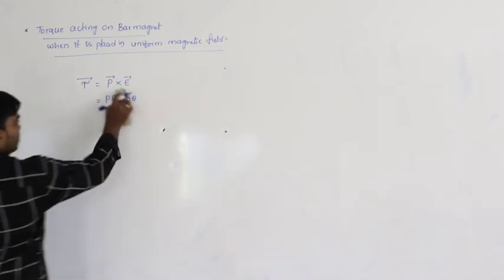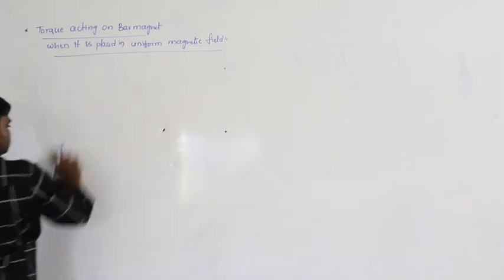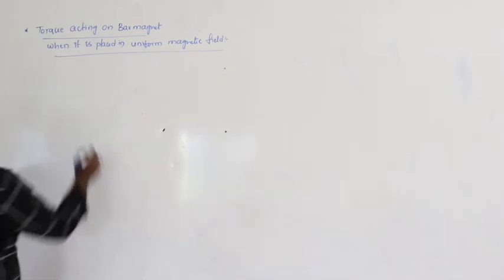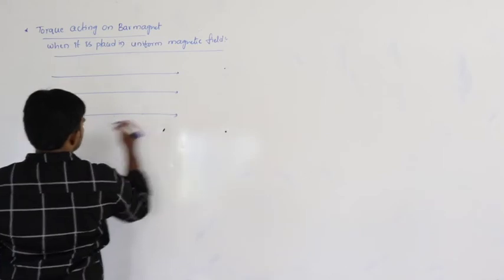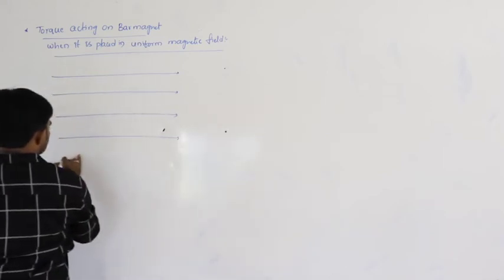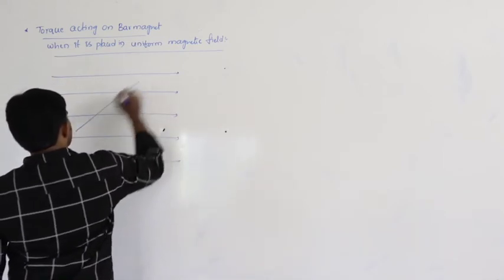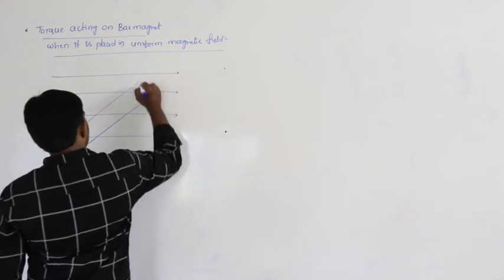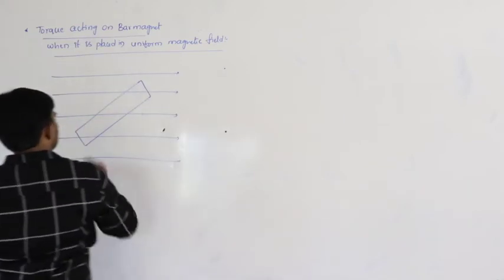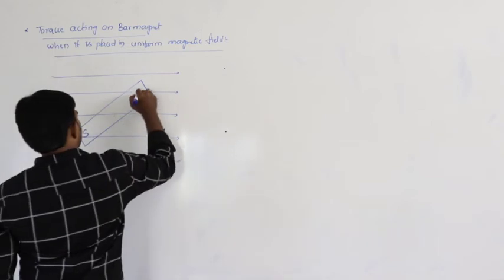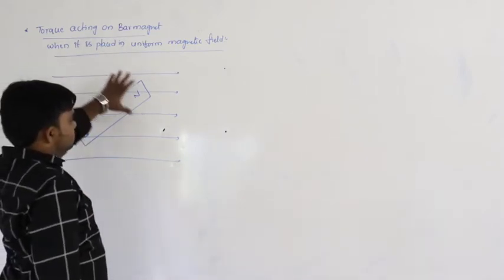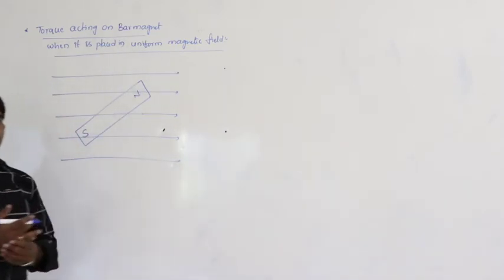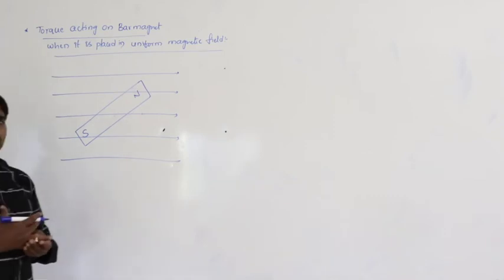In the same way here, for example, this is the uniform magnetic field. So let us say the magnet is placed in uniform magnetic field. Let us say it is south pole and it is north pole. Outside the magnet, what is the direction of the magnetic field?